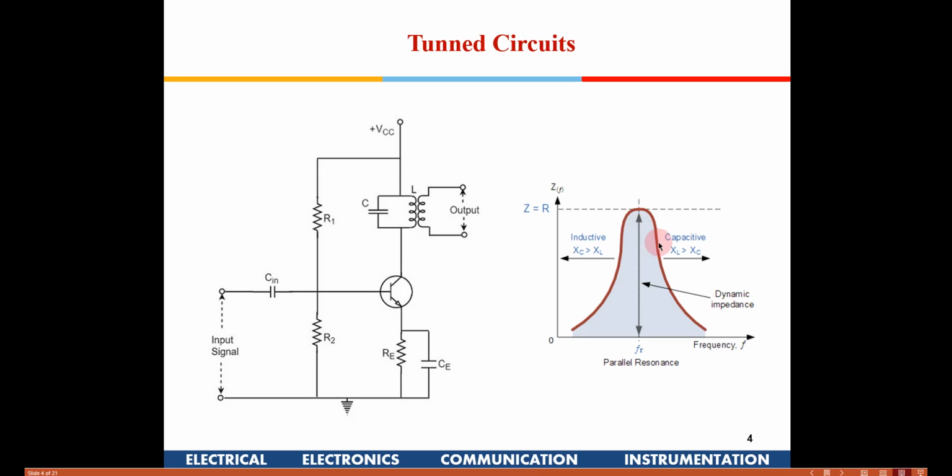If the quality factor is poor, then all frequencies which are adjacent to the required frequency also will pass through this. So if I have to have good selectivity, just select the required frequency, then the quality factor should be high. That is where the definition of Q is important. Q defines the quality factor, that means how best it can select the desired frequency. That is what Q means.